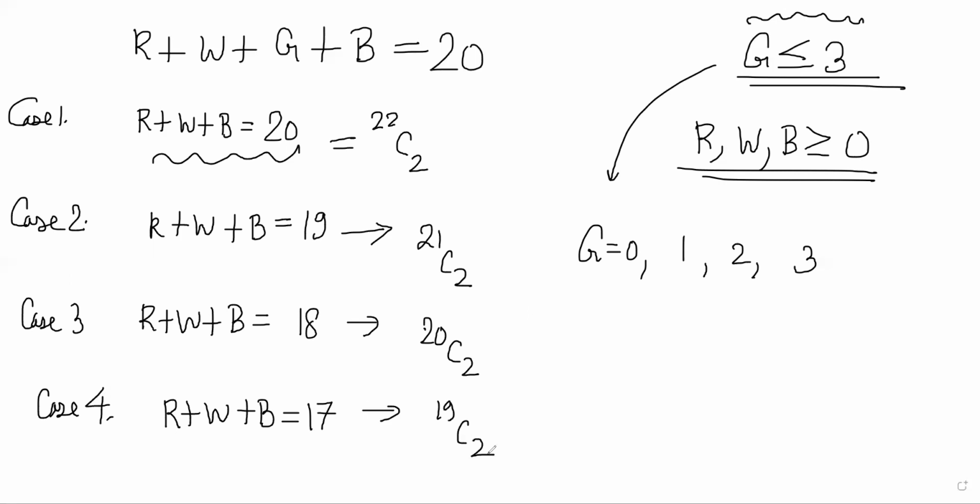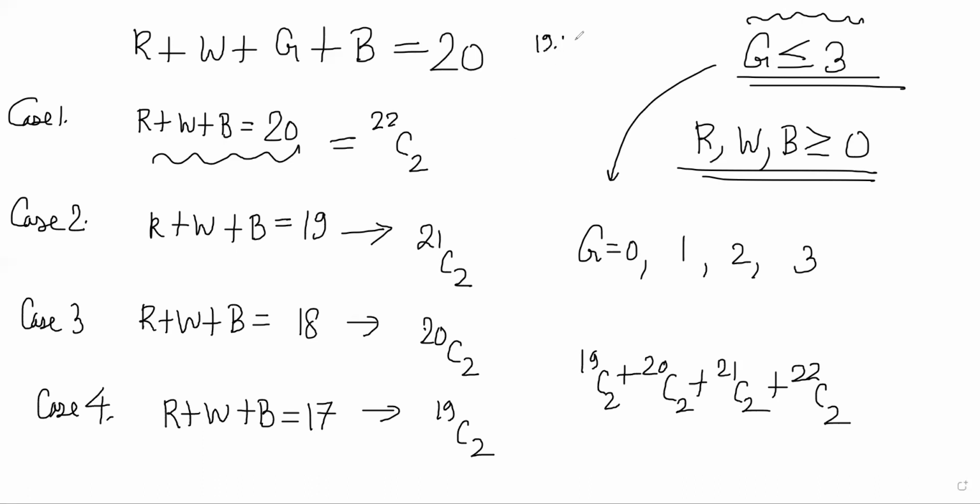So you just have to add these four: 19C2 plus 20C2 plus 21C2 plus 22C2. So do the calculations roughly. I just want to check the answer.